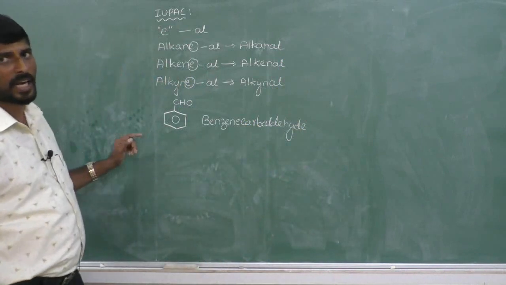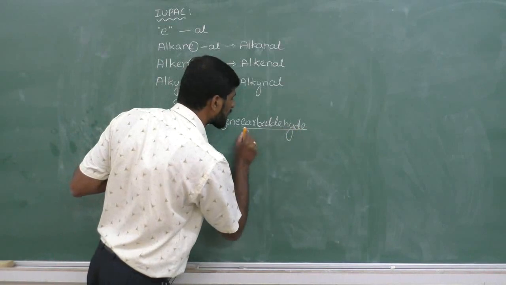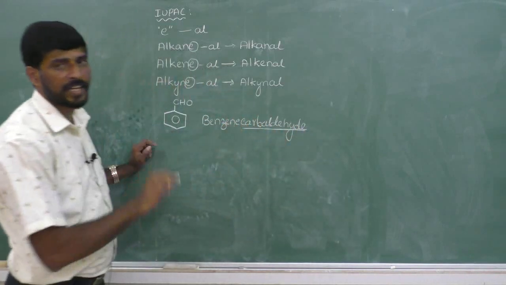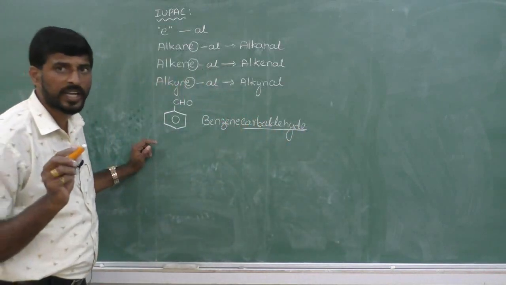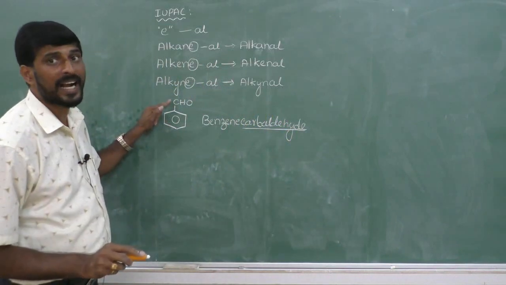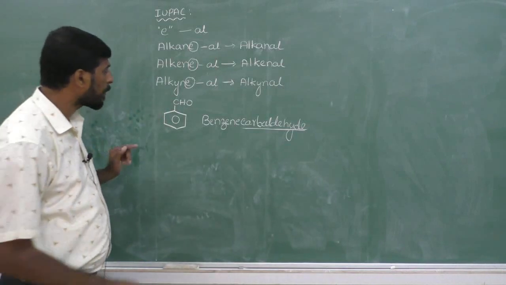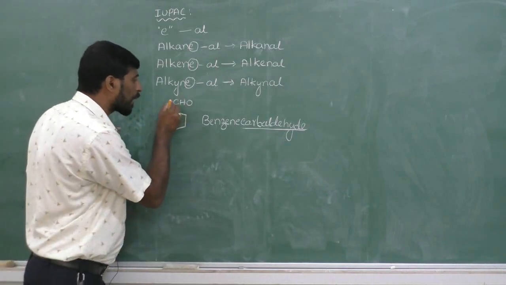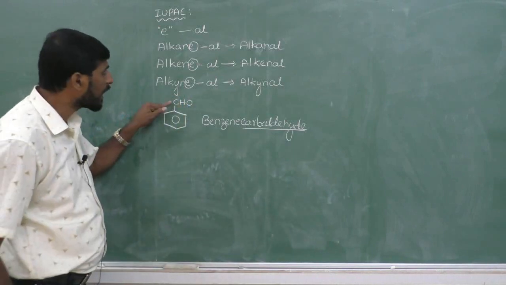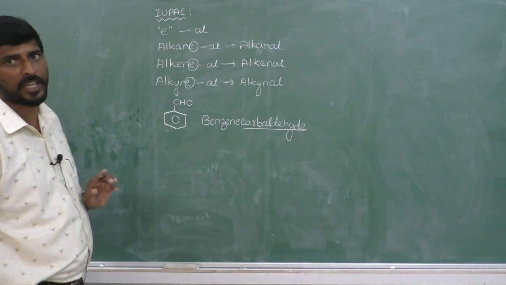Okay, benzene carbaldehyde. Carbaldehyde is used as a suffix if the CHO group is attached to a cyclic ring. Please remember, while naming as carbaldehyde, this carbon atom is not included along with the parent chain.